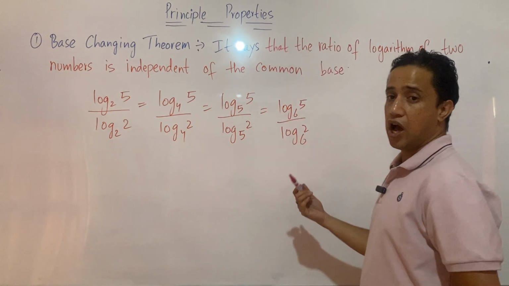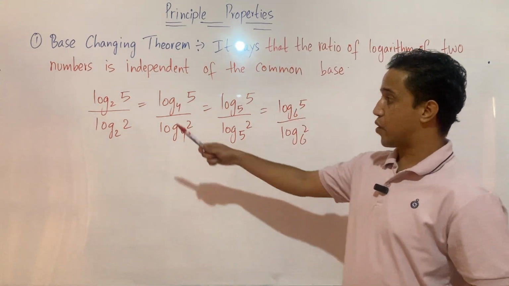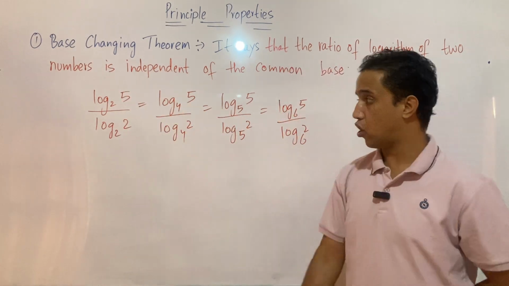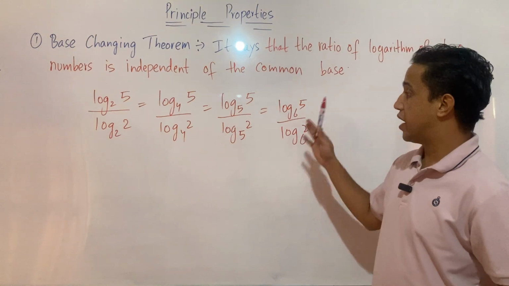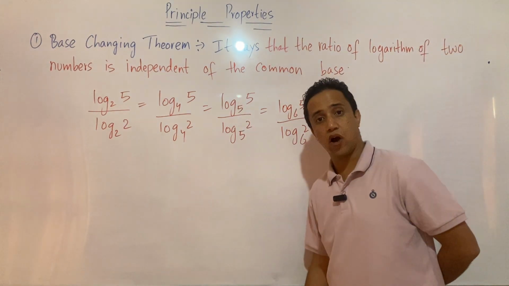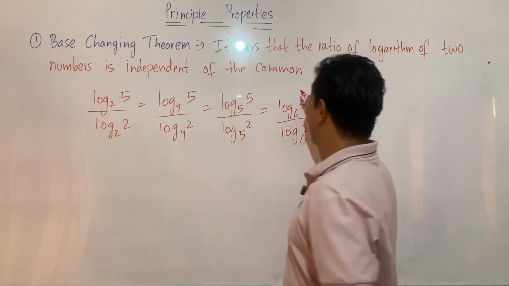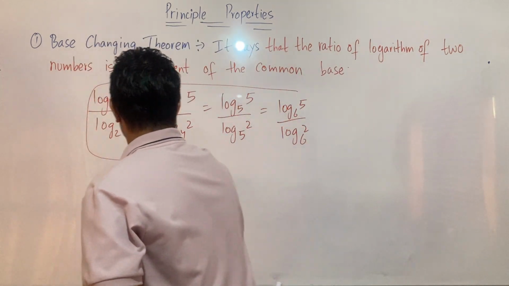It means that the ratio of the logarithm of any two numbers is independent of their common base. So these all are going to be the same.